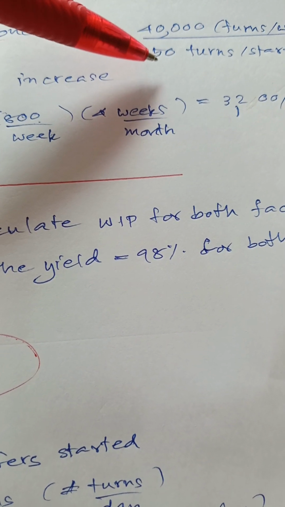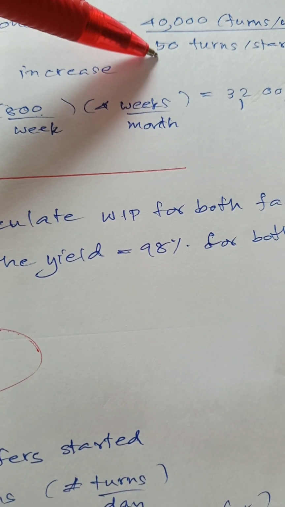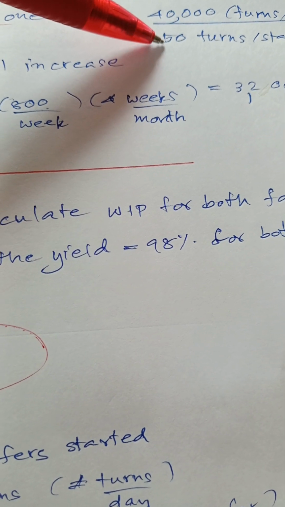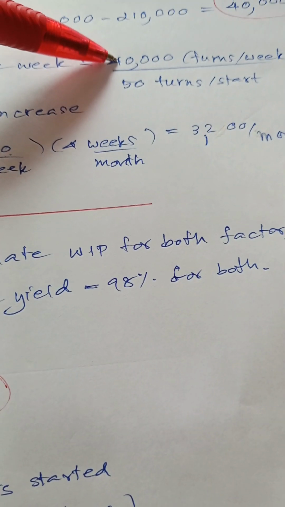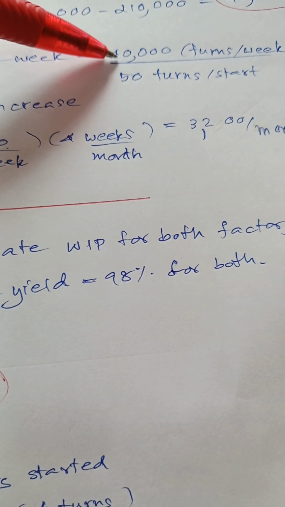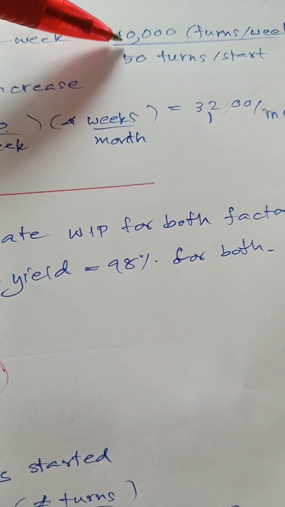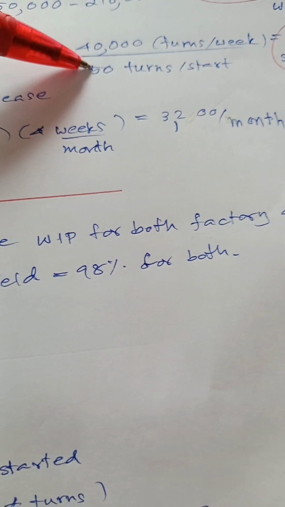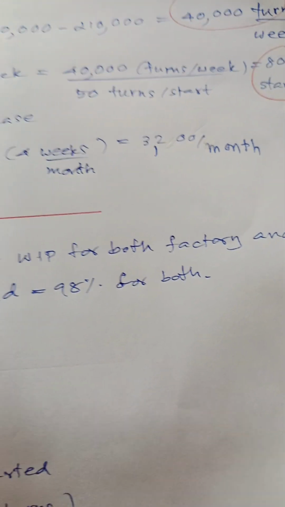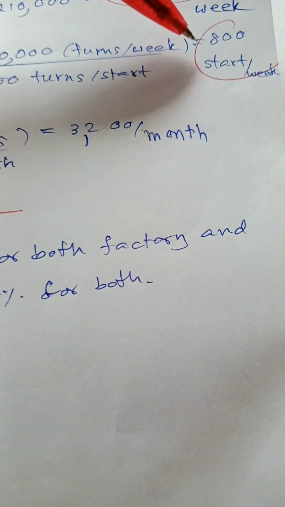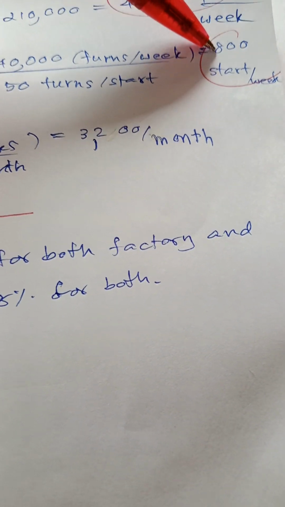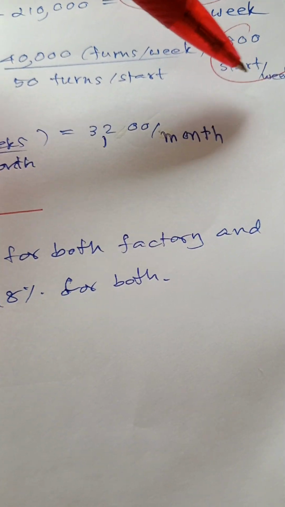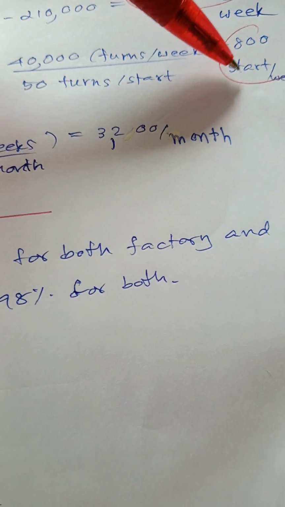Okay, because for one wafer you need to go through 50 processes or turns, and now you have 40k turns per week. So you can calculate this in terms of number of wafers. That's 800 wafers per week, or sometimes we call it starts. Okay.